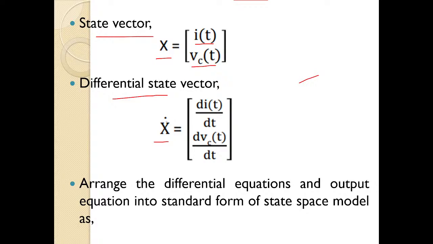Okay. Now let us arrange these differential equations in the standard form of state space modeling. So what is the standard form? x dot of t, that is d by dt of x of t, should be a function of x of t and u of t, which is the input.